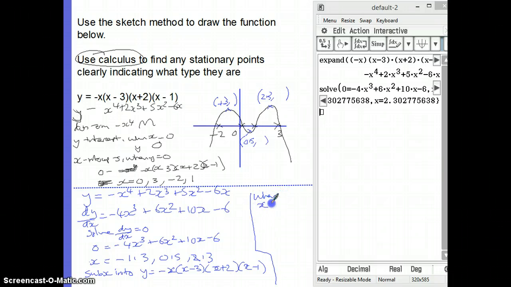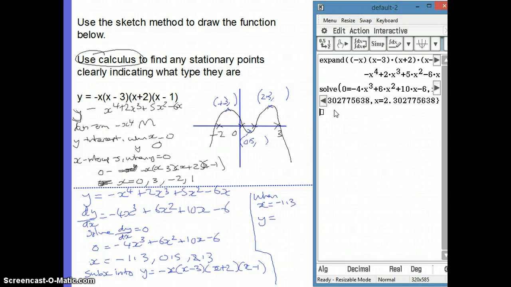So final bit, when x equals negative 1.3, y equals, and you could sub it in here, and we would have negative, and it would be negative 1.3, so that would actually be positive 1.3, and then we'd have negative 1.3 minus 3 multiplied by negative 1.3 plus 2, and then negative 1.3 minus 1, which is 8.999.